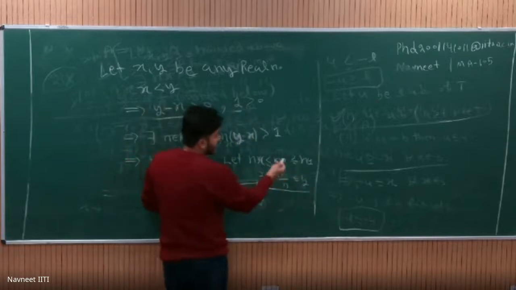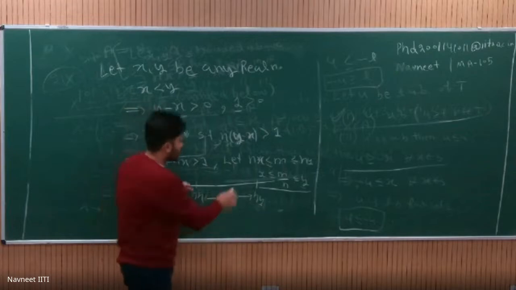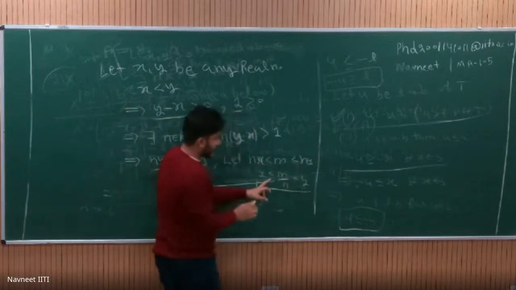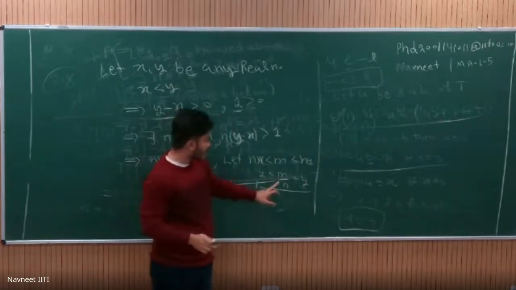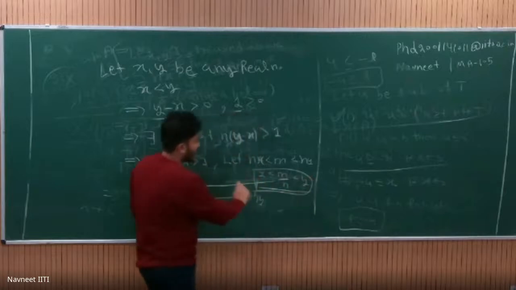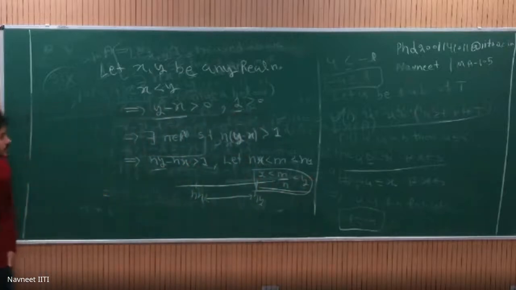This m by n is a rational number. Sorry, here equality is not there. That means x is less than m by n and less than y. You see how to find some number between these two numbers. Is it clear or not?